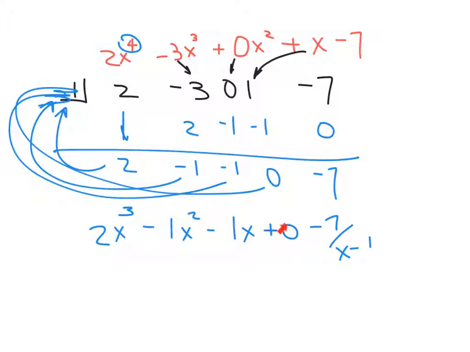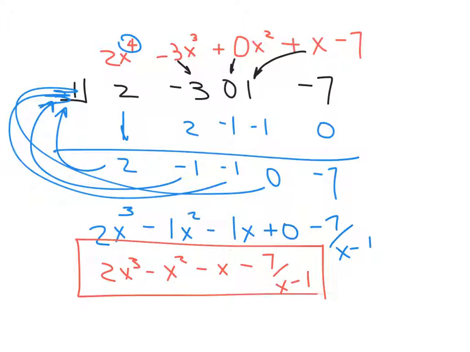Then you can get rid of the 1's there, and you end up with 2x cubed minus x squared minus x minus 7 over x minus 1. So you get that. That's synthetic division. I just wanted to make sure I went over a couple of those instead of just the one, and give you a little bit more practice before we jump into solving an equation with synthetic division. Example 1.